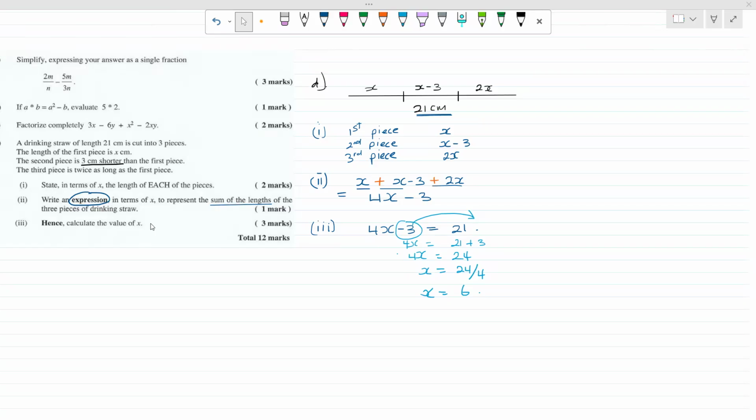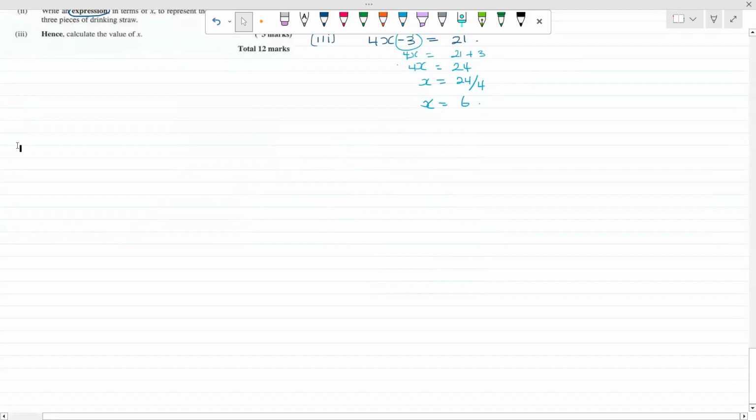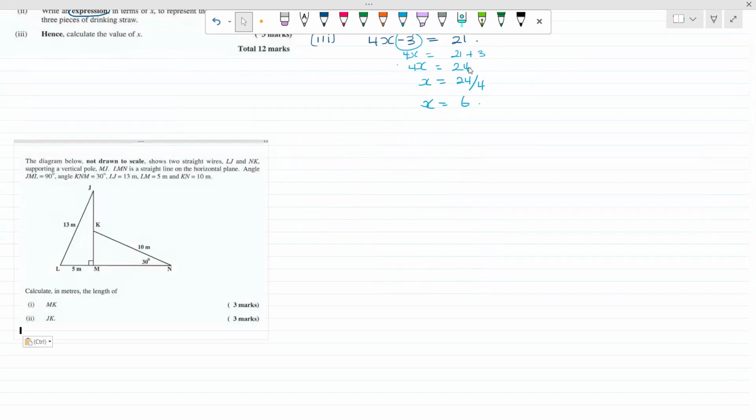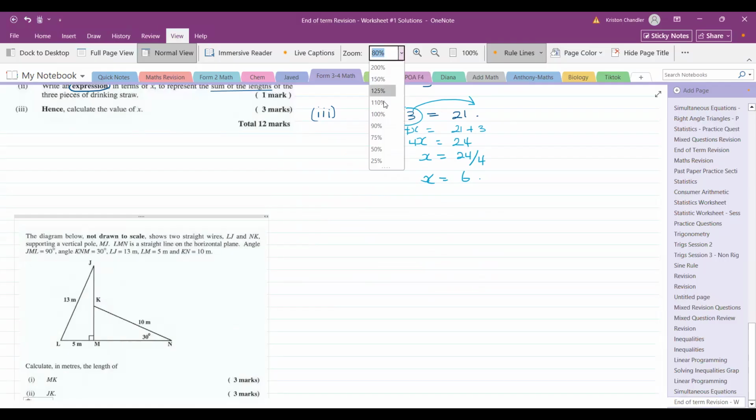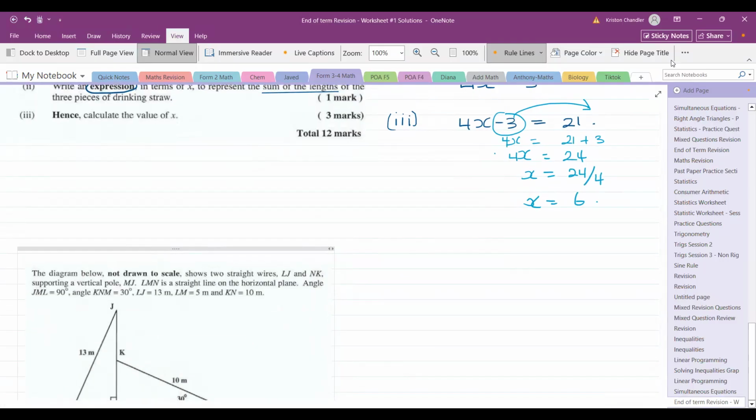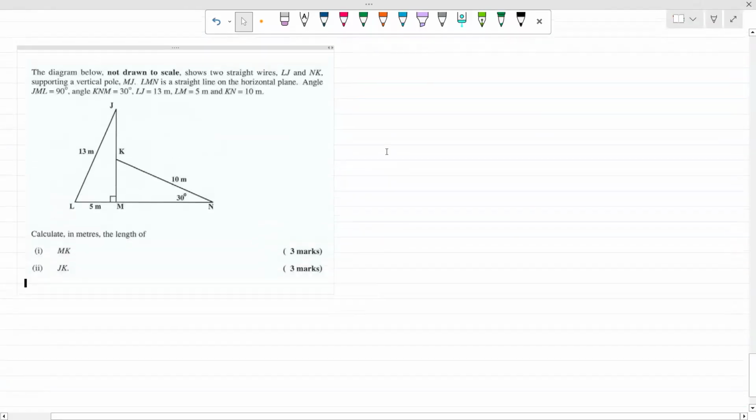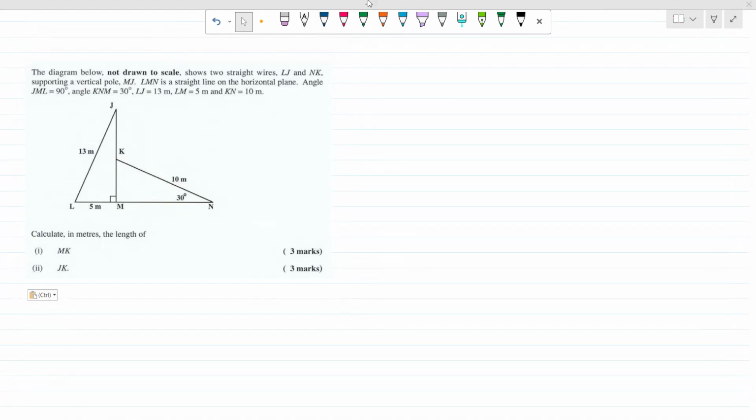We want to do some trigonometry. The diagram below, not drawn to scale, shows two triangles, two straight wires, LJ and NK.